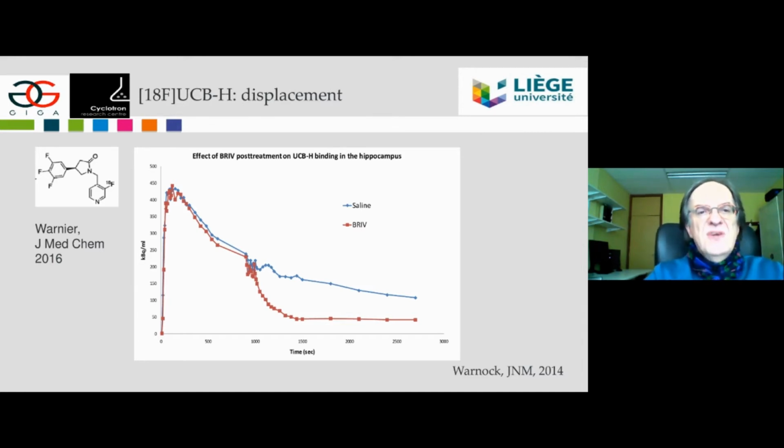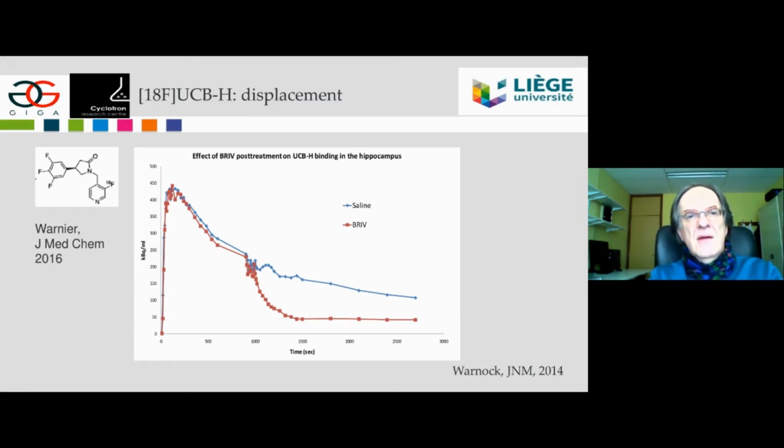And you see the competition because the actual quantity of the cold substance is greater than the little quantity of our radiotracer, so we can displace our radiotracer over time with that kind of injection. So this is one of the first demonstrations that effectively there is a displacement with a competing drug.